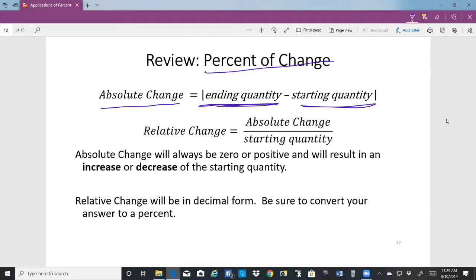The relative change is the absolute change divided by the starting quantity. The absolute change will always be 0 or positive and will result in an increase or decrease of the starting quantity. Relative change will be in decimal form. Be sure to convert your answer to a percent.